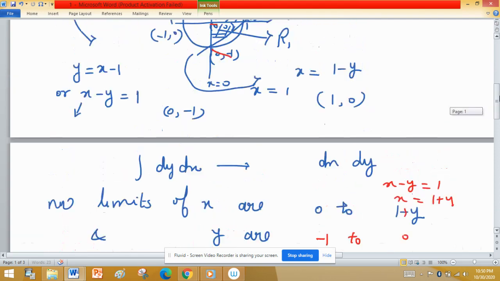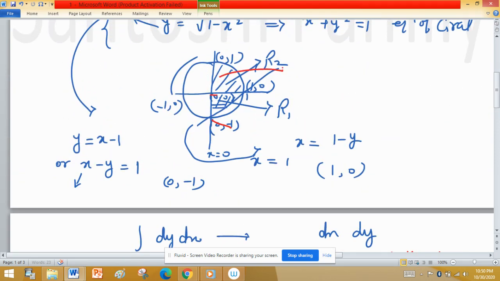For R2, this region is R2, so I cut a strip parallel to the x-axis. This is the strip parallel to the x-axis. This is the leftmost part of the strip, and it goes to this curve, x square plus y square equal to 1. So x equal to square root of 1 minus y square, and the lower limit will be from 0.